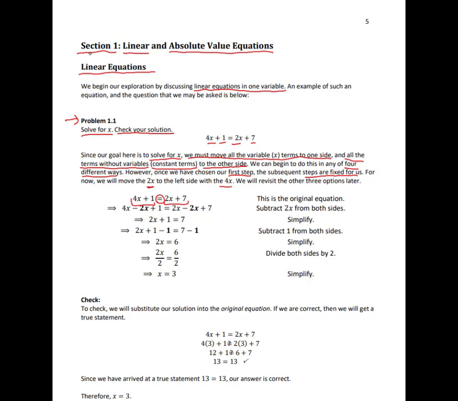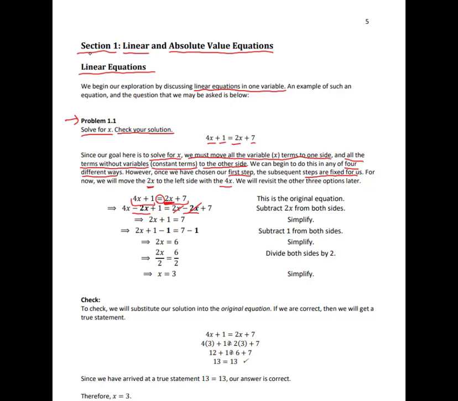The reason we are subtracting 2x is because 2x is positive, and the opposite operation of addition is subtraction. So we are subtracting 2x because we wanted to move it to the other side. Subtracting 2x from both sides will make 2x cancel out on the right-hand side.